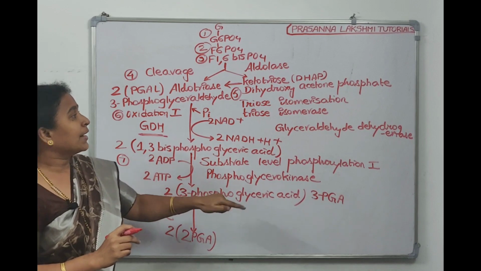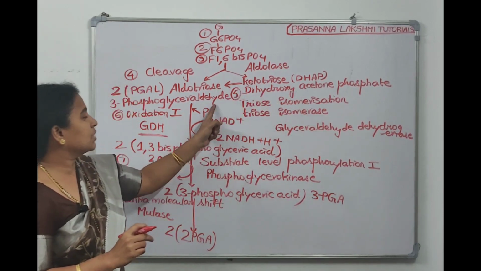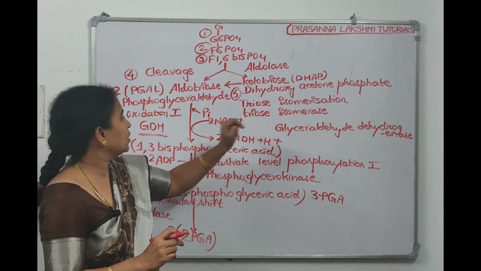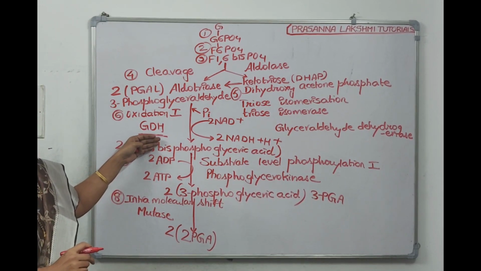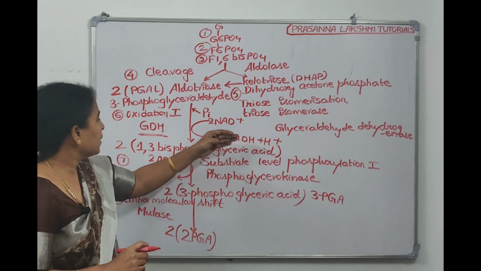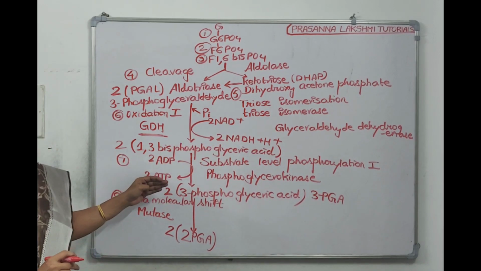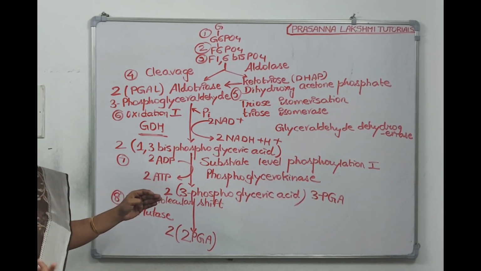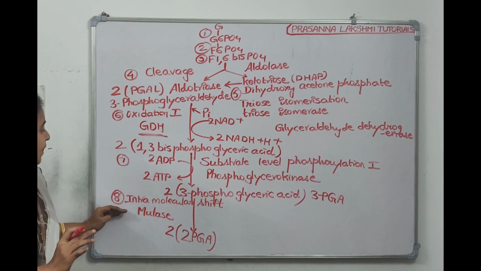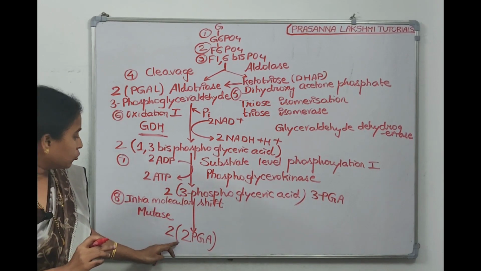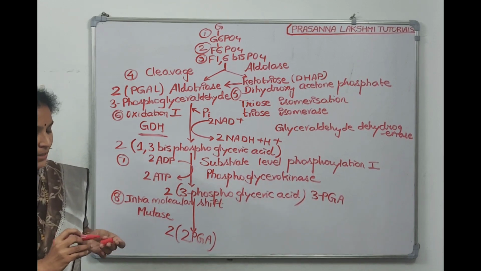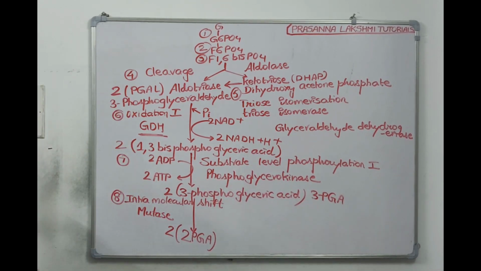Fifth reaction, converting this triose into this triose, so it is isomerization. Sixth reaction, oxidation 1, where NADH + H+ is formed. Seventh reaction is phosphorylation 1, substrate level phosphorylation 1. Eighth reaction is intramolecular shift, enzyme mutase. We got 2 molecules of PGA. Take a screenshot, we will continue.